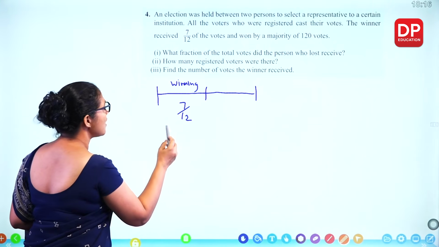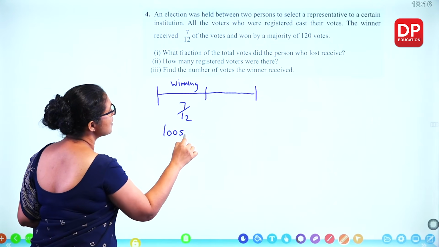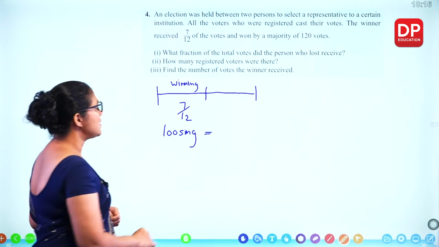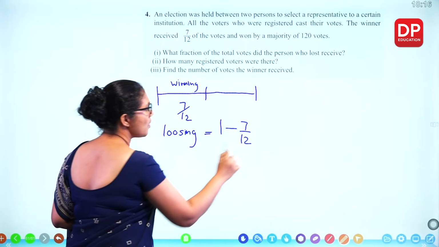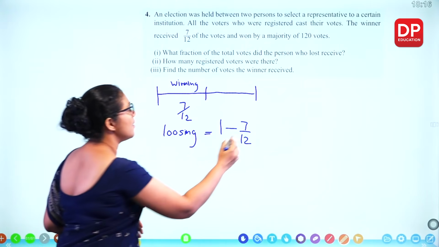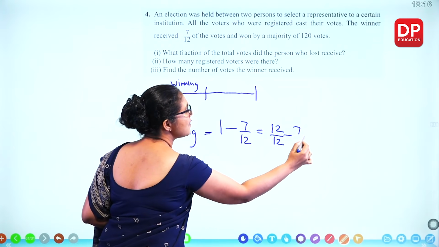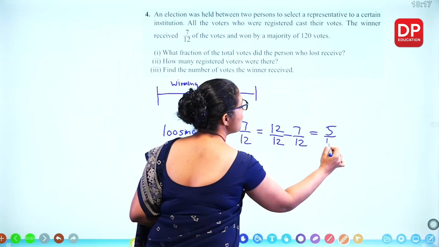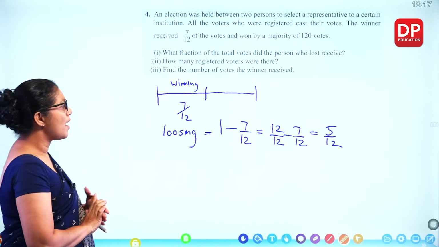If you are losing, how many parts? For the losing part, you can find easily 1 minus 7 over 12. You can rewrite it as 12 over 12 minus 7 over 12. 12 minus 7 becomes 5. 5 over 12 for the remaining, that means the losing part.